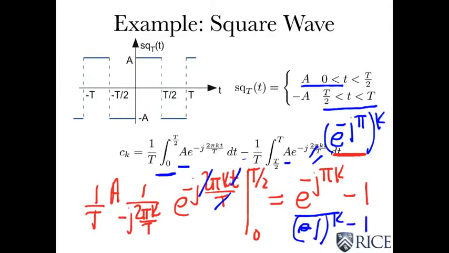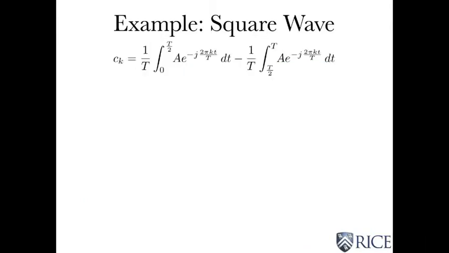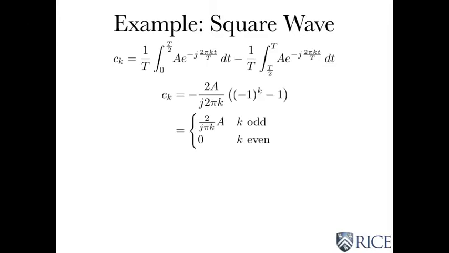And then we bring on the minus 1. Turns out this other integral is the same thing, except with a minus sign, and because of the minus sign I had here, the two terms merge, and what we get is the following expression. So, the Fourier coefficient for a square wave is given by this, and when k is an odd number like 1, 3, etc., this is minus 1.